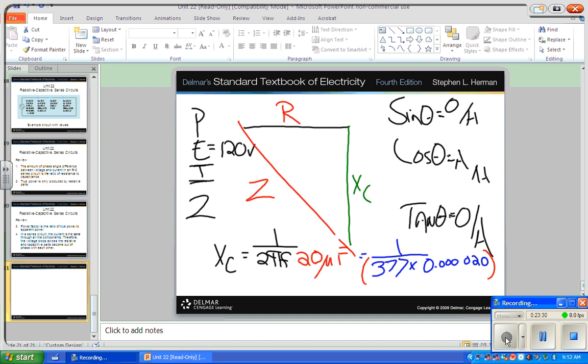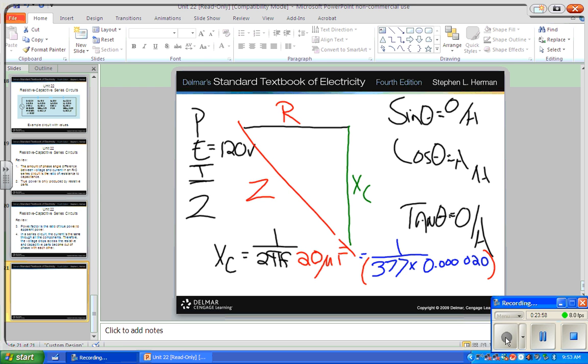Okay. So let's hit clear. We already did that. Now hit 377 times 0.00002 is equal to. And that's going to give us a fairly small number, right? Okay, now that is 1 over 2 pi fC, right? That's the reciprocal of the answer we want.